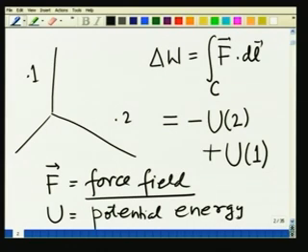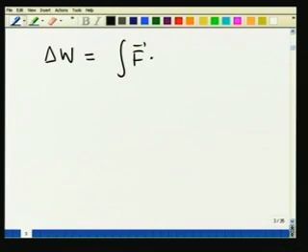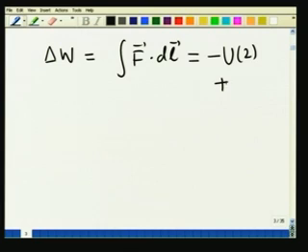This is similar to the definition that I already used once, but now we are trying to go into three-dimensional cases. So, I define for conservative forces, this equals the integral of F dot dl, and mind you, I am not going to put any C here because it is independent of the path, and this is going to be minus U2 plus U1.